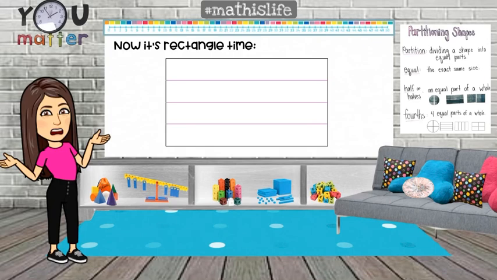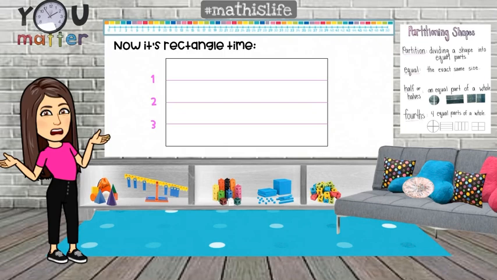But wait a minute. This can get pretty confusing because if I have one whole rectangle and I want 4 pieces, sometimes I think I need to draw 4 lines. Look how many lines I had to draw to partition a rectangle into fourths. I had to draw 3 lines.